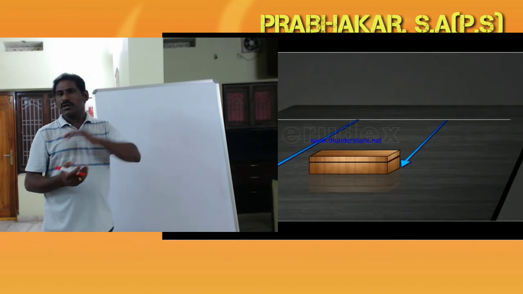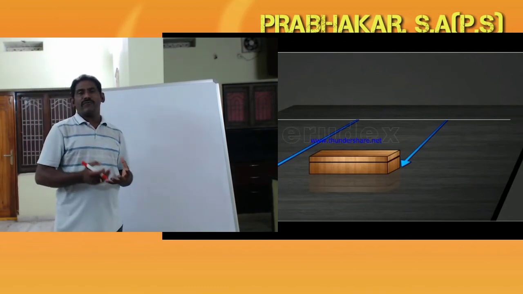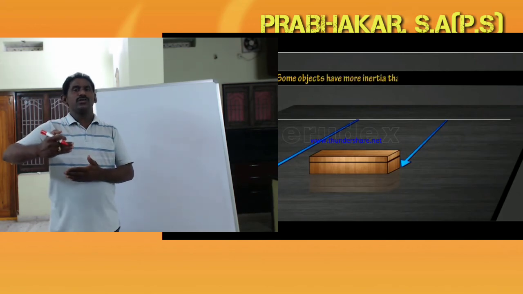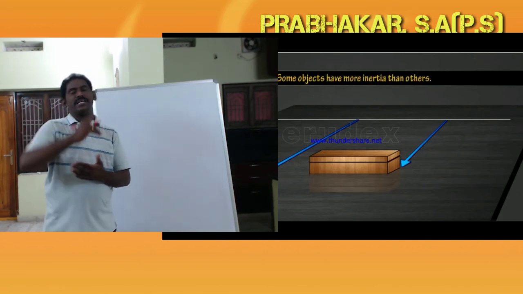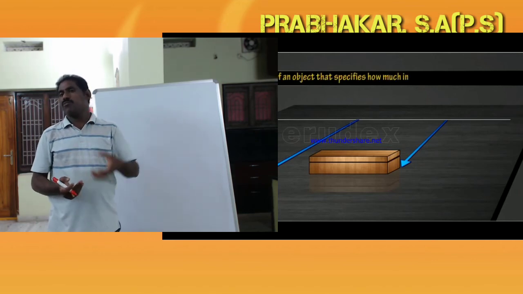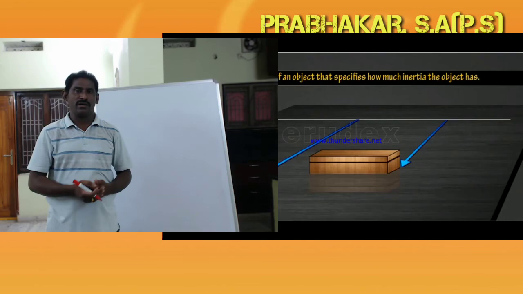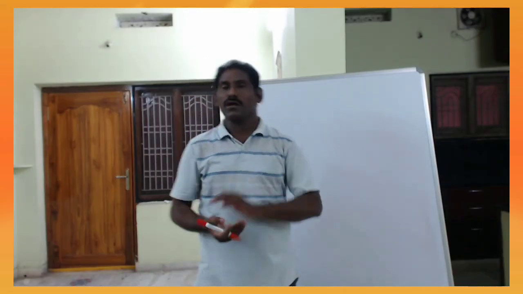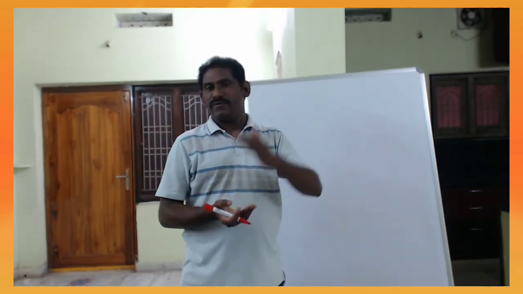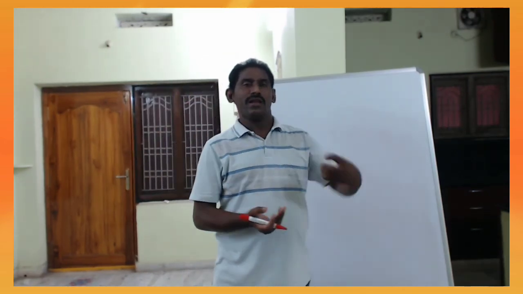From this we conclude that objects which have more mass have more tendency to oppose a change in state. That is called inertia. That means objects which have more mass have more inertia. So from this we conclude that mass is the measure of inertia. The objects which have more mass have more inertia, and the objects which have less mass have less inertia.